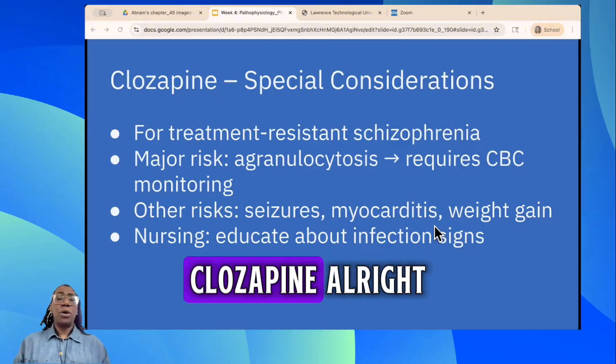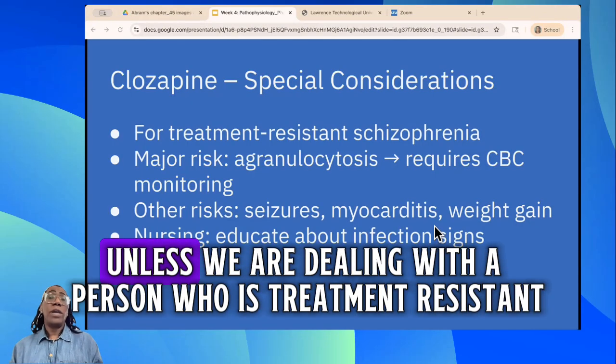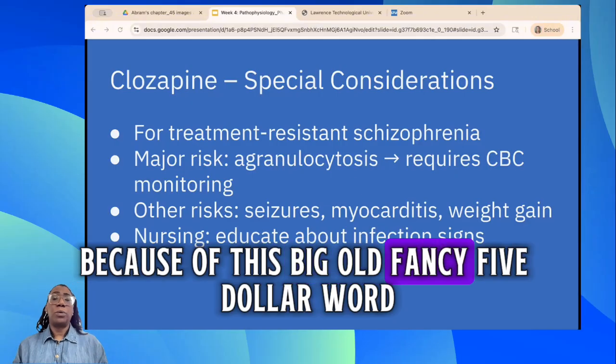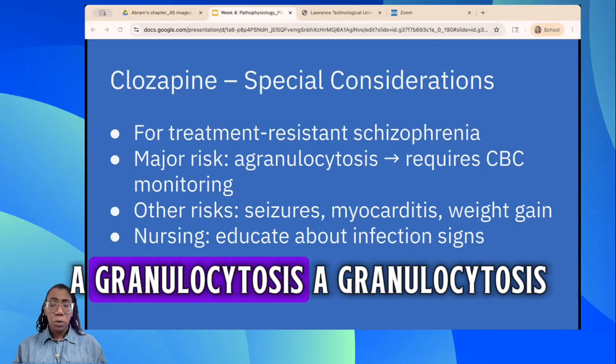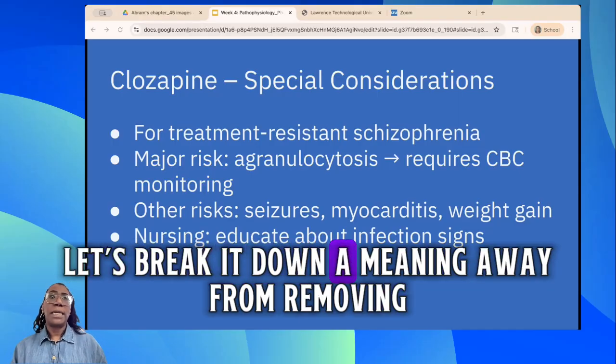Clozapine. All right. So clozapine, we don't want to use unless we are dealing with a person who is treatment resistant. All right. Because of this big old fancy $5 word, agranulocytosis. Agranulocytosis. Let's break it down. A meaning away from, removing, a lack of.